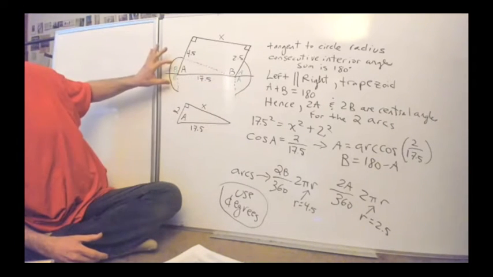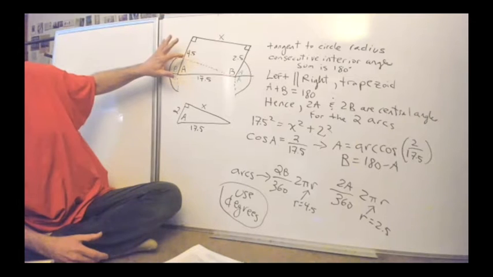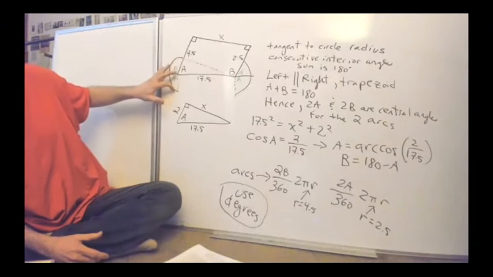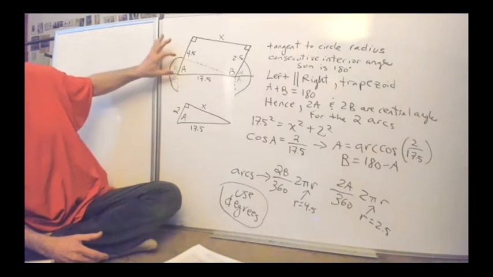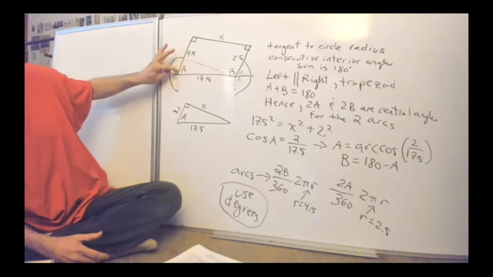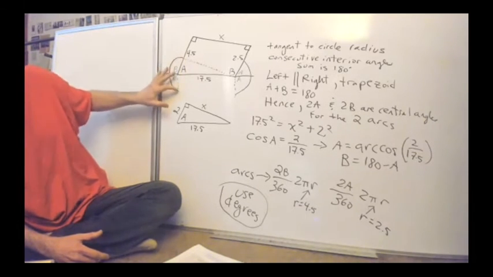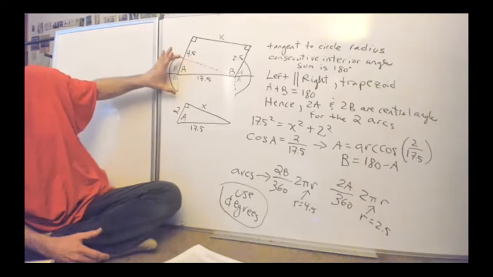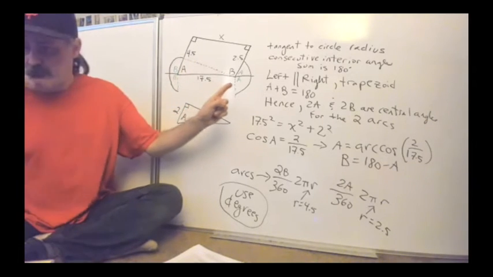The arc on the left side of the bigger gear would actually be 2B, because the angle over here is supplementary to A. And there's also one on the bottom. So we're going to use a central angle of 2B for the bigger gear when we find the arc. And same thing over here.